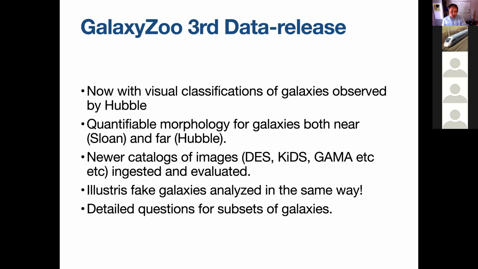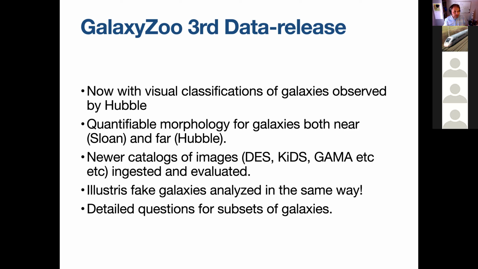So if you already know a lot about your galaxies, but you want morphological classifications, then you can go to Galaxy Zoo and see if they've already done it, probably. Even Illustris, which is a galaxy simulation, produced fake galaxies, and they were slid in while everything was being classified.